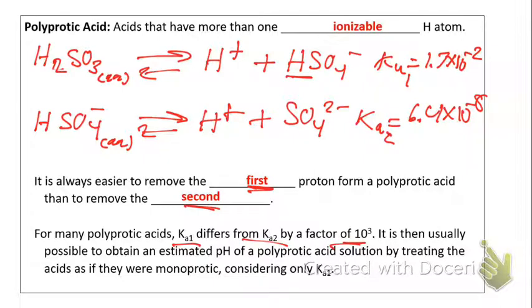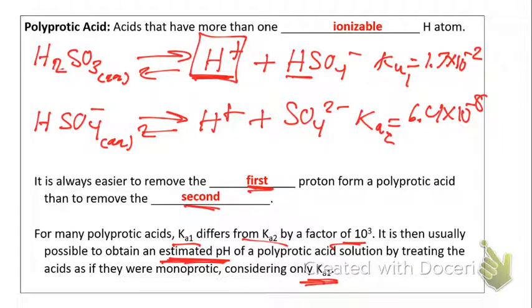And if that's the case, then we can usually estimate, and we do say estimate, the pH of the polyprotic acid by treating the acid as if it were really monoprotic, and only considering the first ionization. So in other words, if the order of magnitude difference in the Ka values for the polyprotic acid is 10 to the -3, then the pH is really going to be determined by the first acidic proton.